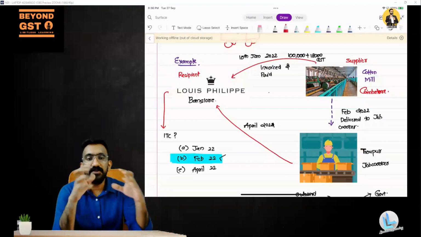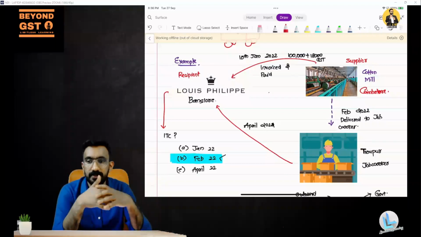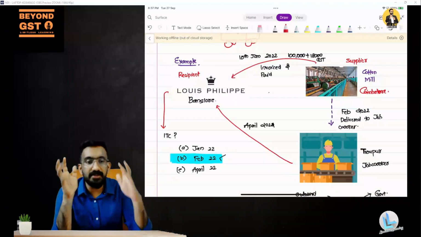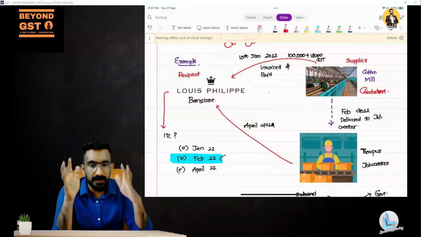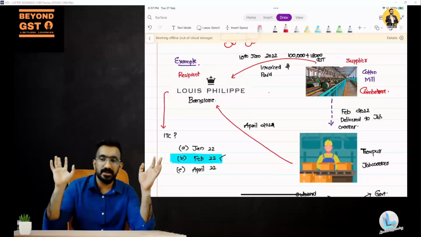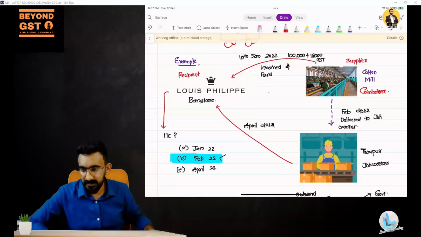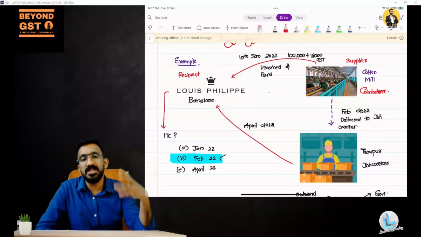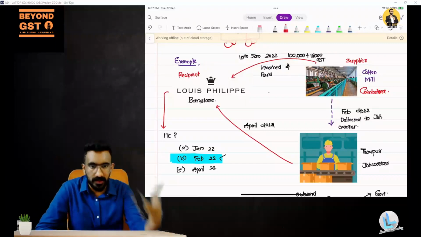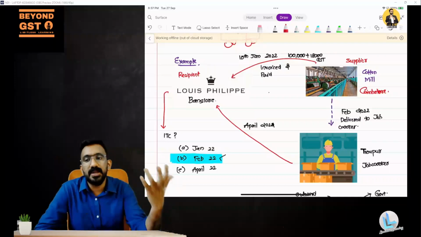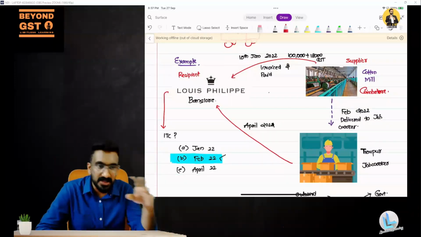They have received this on behalf of Louis Philippe. So the provision says it will be deemed to be received by Louis Philippe in February itself. So they can take the credit in February. So when a third person receives the goods on behalf of Louis Philippe, then Louis Philippe can take the credit in the month in which it is received by the third party.